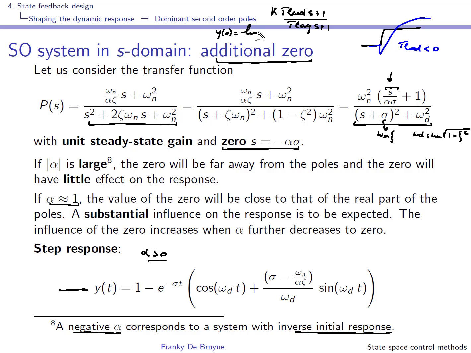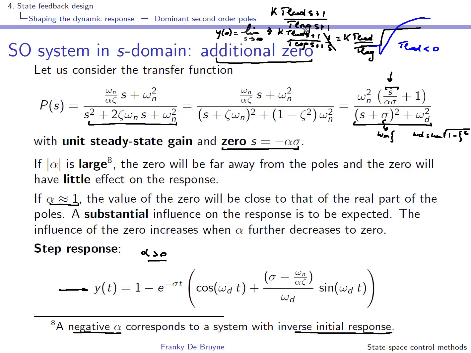We'll have to take the limit when s tends to infinity of s times the response in the case of a step response. So we'll have K (T lead s plus 1) over (T lag s plus 1) times 1 over s. The 1 over s and the s will cancel out, and this will lead to K T lead over T lag.